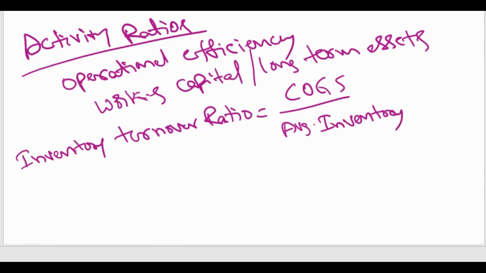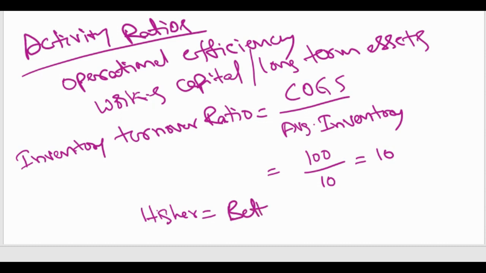So let's say you have 100 million cost of goods sold and average inventory that you have is 100, so then it is 10. So if you have higher, then it is better and it will help in fast turnaround. So this is all about activity ratio.